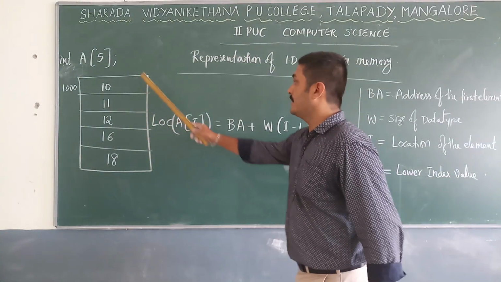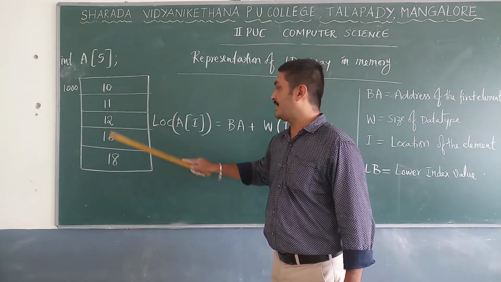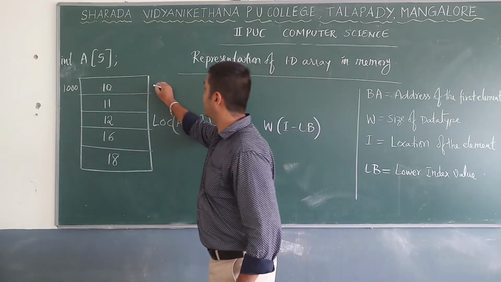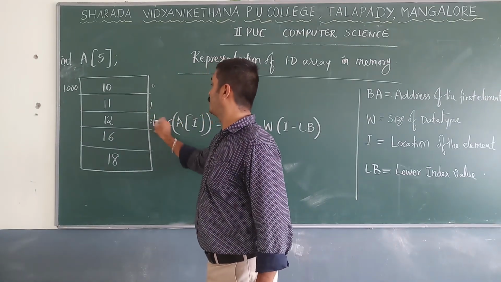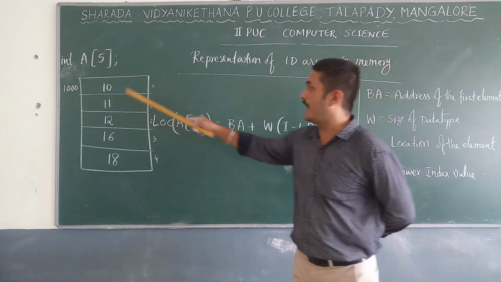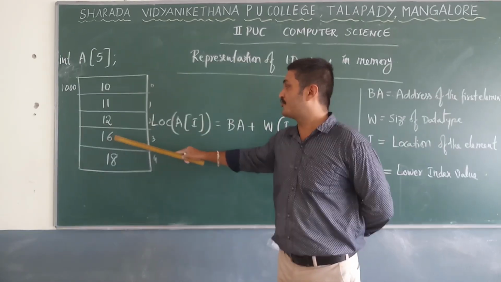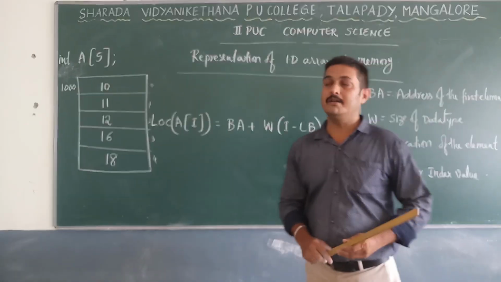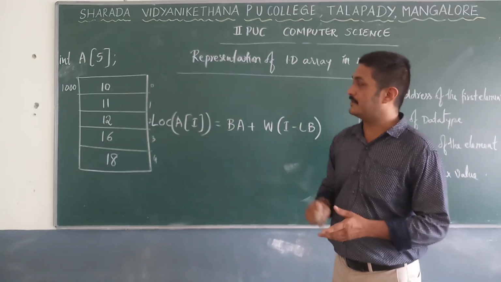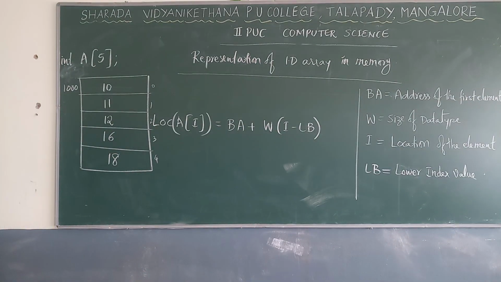Here elements are 10, 11, 12, 16, 18, and index values are 0, 1, 2, 3, 4. And here address of the first element is 1000.